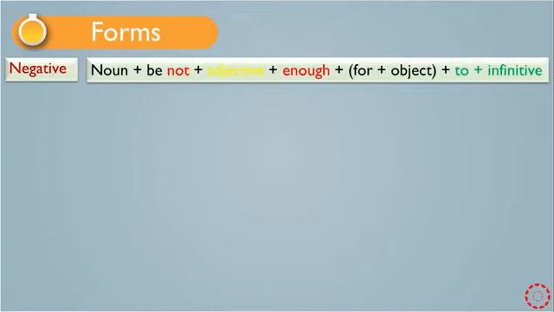If we have an object again, we should use "for" plus the object.